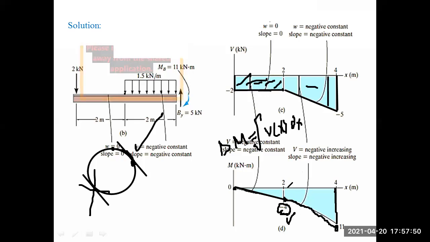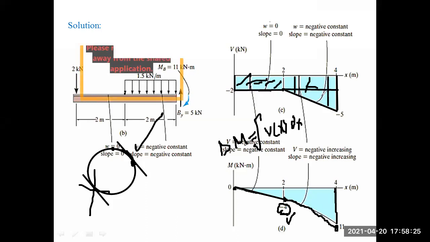So now I know I can determine the area of this shape. How could I determine it? This is composed of 2 shapes. We have a rectangular shape and a triangular shape. You get these 2, and you're going to get delta M for the second zone. So once you get delta M, you can know the second value for the M. You label it as 2, and this is 1.